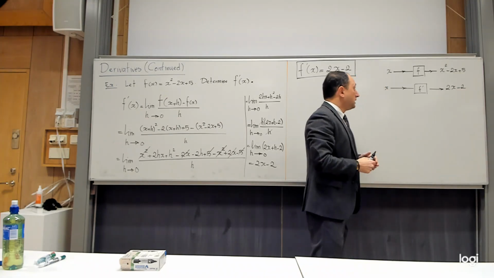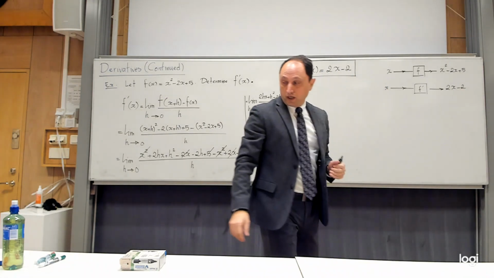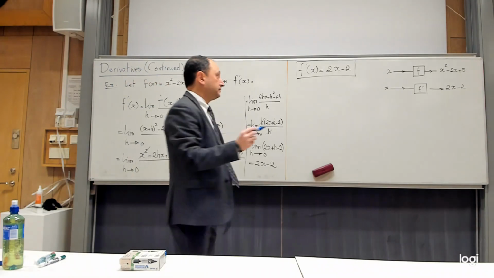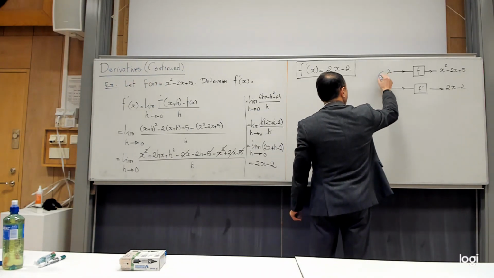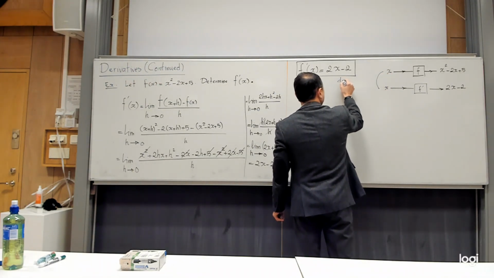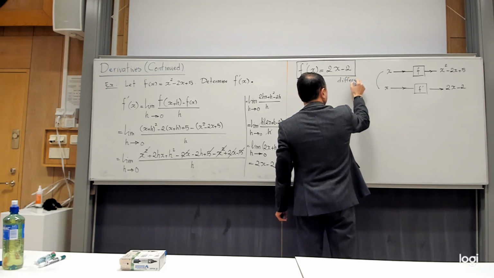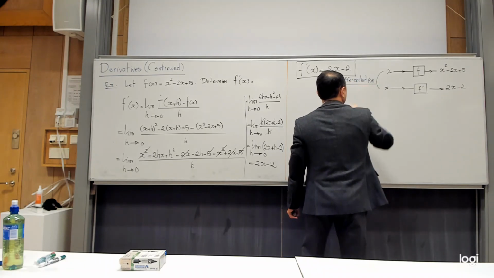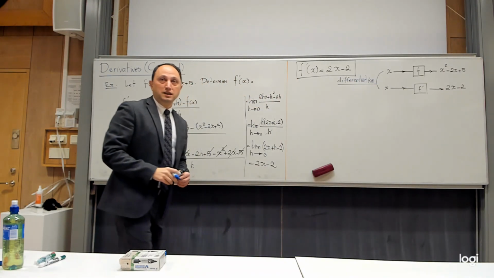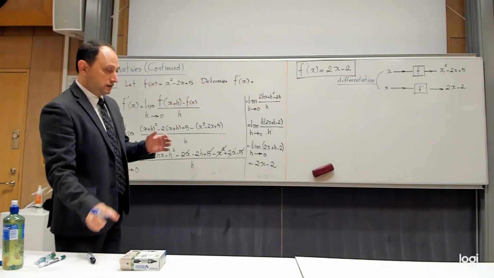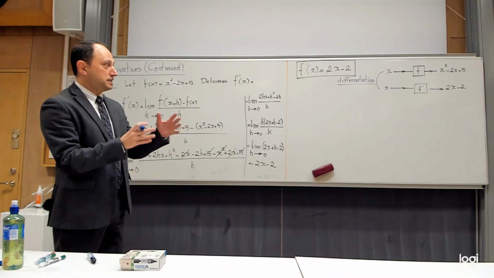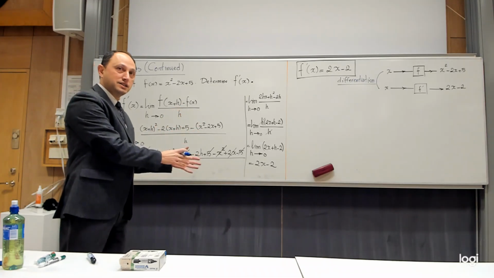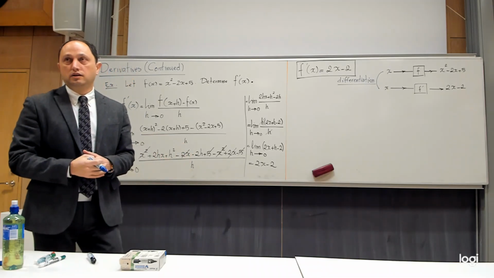The process of going from this to that, from here to here, is called differentiation. So the process of finding the derivative of a function from the function itself is called differentiation.